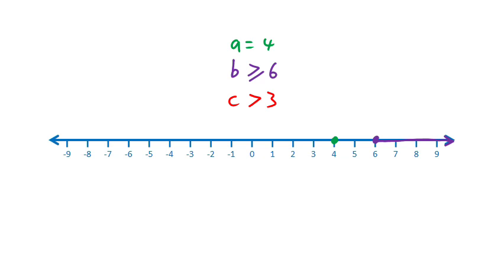Well, what we're saying is we want to start at 3 but not include 3. So we're not equals. Remember, equals is a solid circle like the green dot on the 4 or the purple dot on the 6. But this is an empty circle. So it's just greater than 3. It's just the arrow for 3.